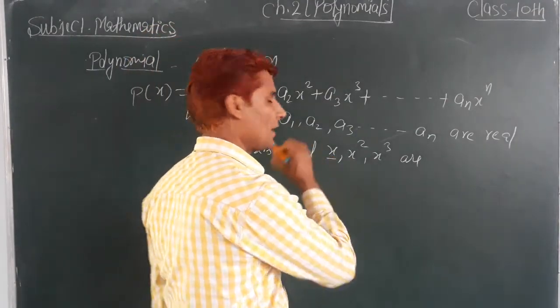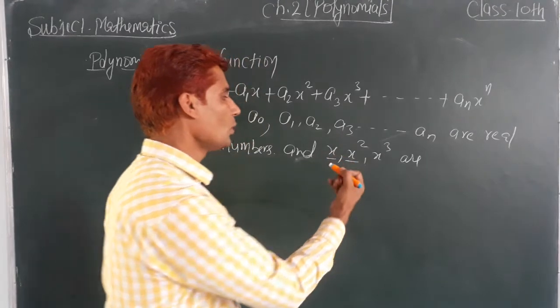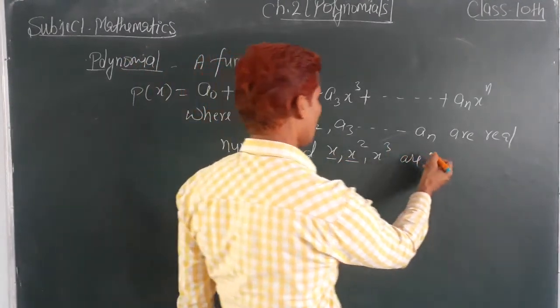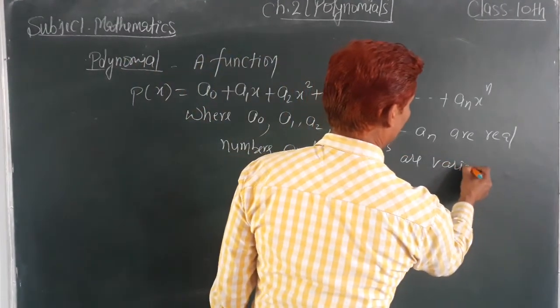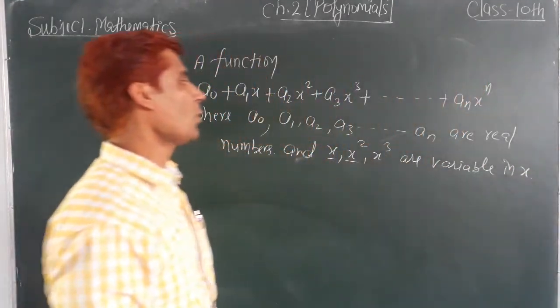This is a linear polynomial, this is a quadratic polynomial because the degree is 2, this is a cubic polynomial. These are in variable x. x के टर्म्स में ये क्या होंगे?